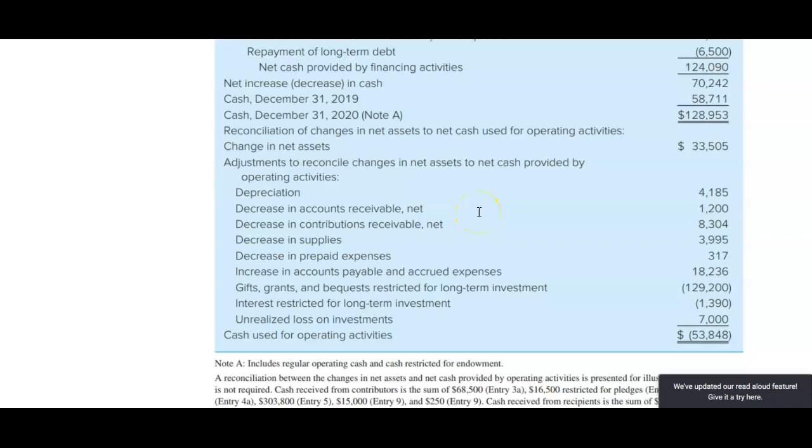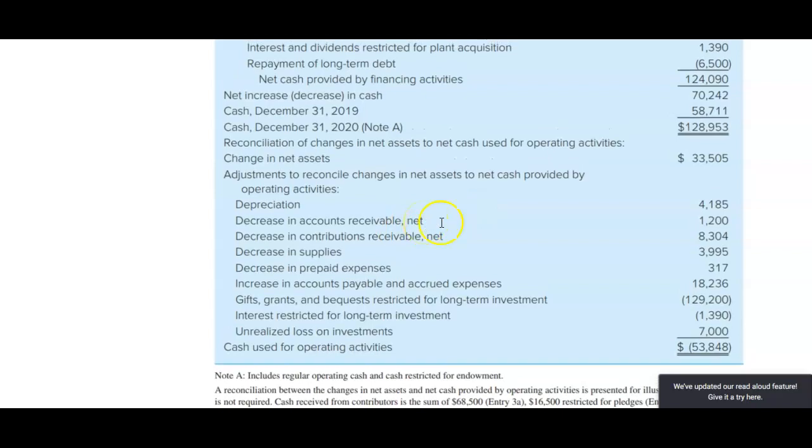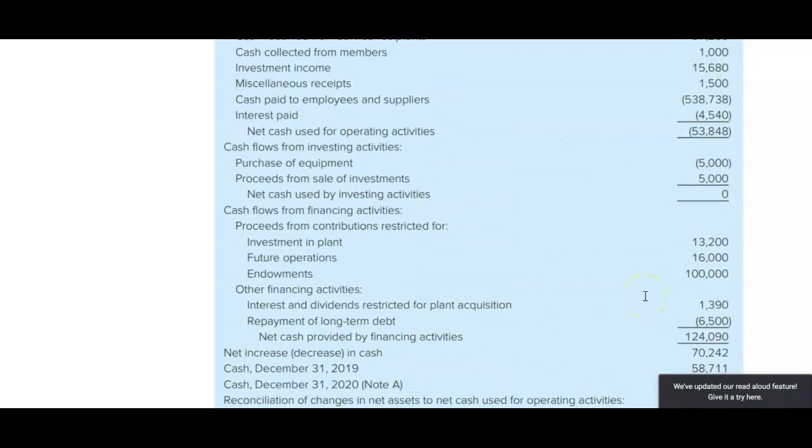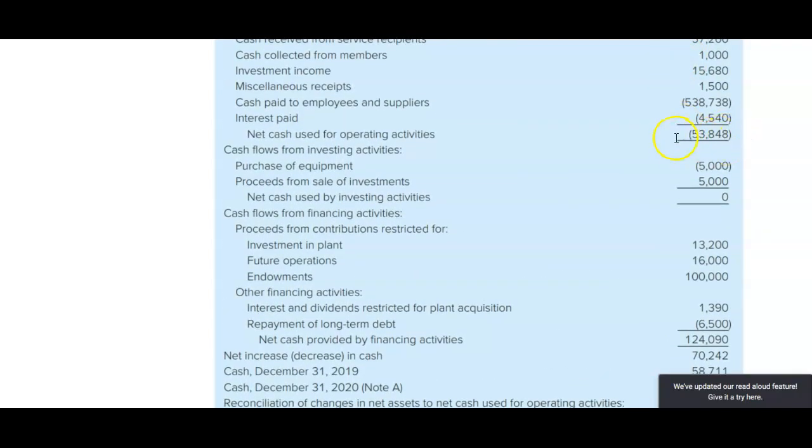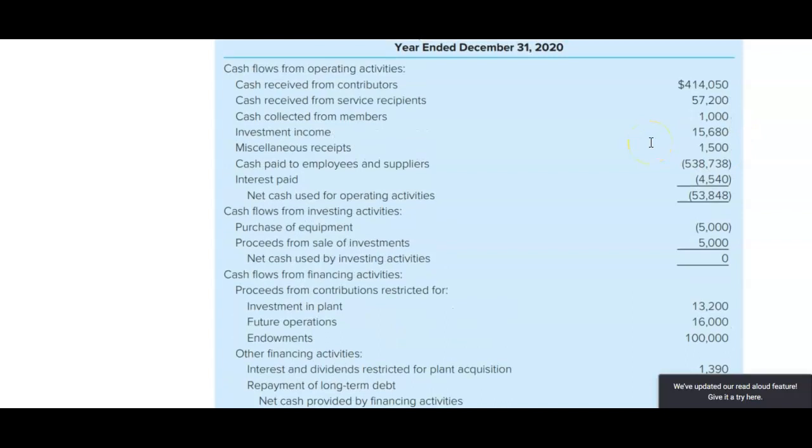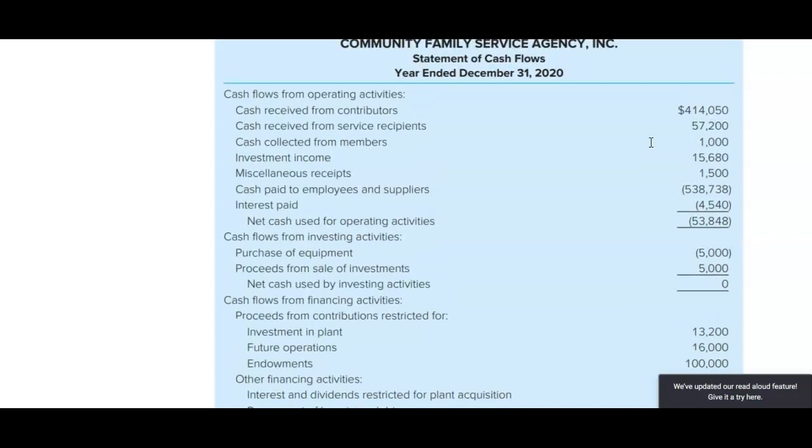So the example you have in your text does have you do that reconciliation. So this cash used for operating activities number down here has to be the same as what you came up with up here, right? And just watch your pluses and minuses, especially in the lower section, and think through what's happened as far as whether those asset or those accounts have increased or decreased.